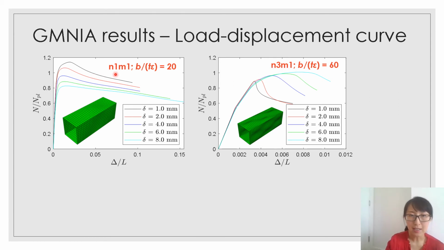So for this case, with 1 transverse and 1 longitudinal half wave at a stocky cross-section slenderness, increasing the imperfection will reduce the resistance. But for this case, with a more complicated wave combination and at slender cross-sections, increasing the imperfection will actually increase the load and also the ductility.